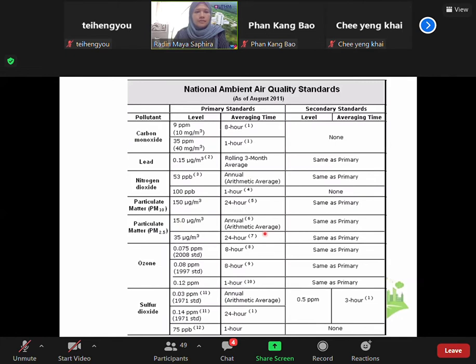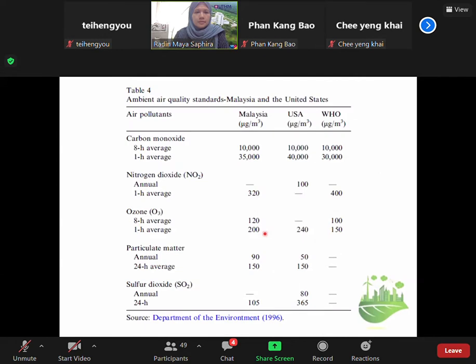And compared with the US and WHO, lebih kurang je lah sebenarnya. Kalau kita set the standard ni, mainly from the World Health Organization, kita refer for the developed countries like USA and Malaysia, plus minus lebih kurang lah, depends on what we want to target in our country.